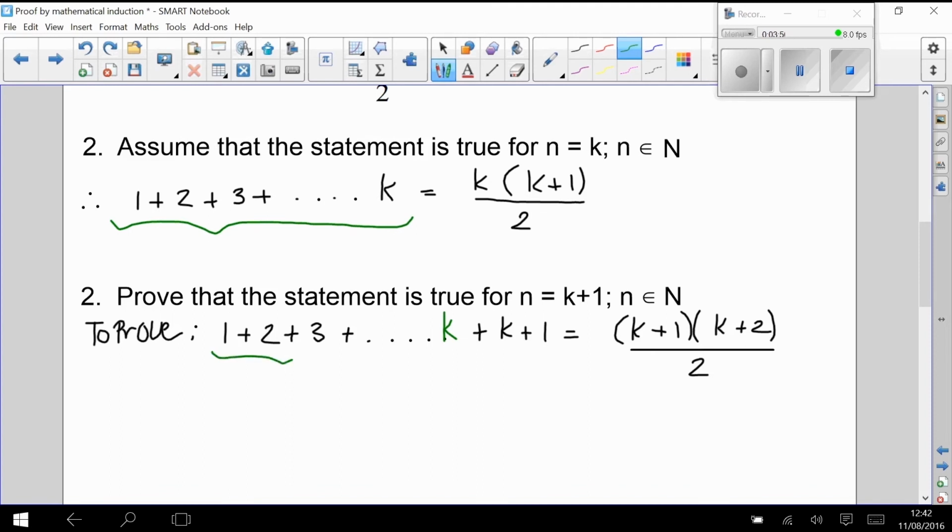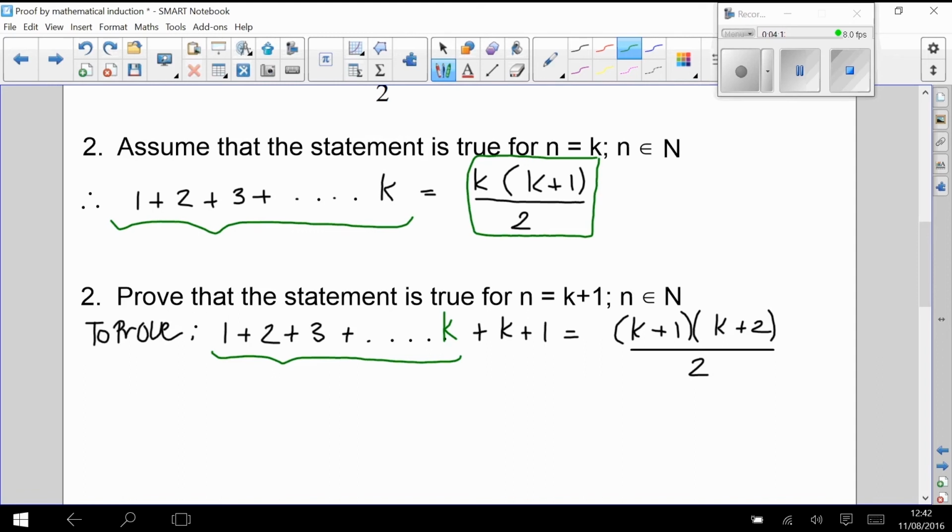In other words, this statement over here now matches with the one that I had in my assumption. If the part that I've underlined in green is the left-hand side of my assumption, that must be equal to the right-hand side of my assumption. So that's what I'm going to start with.